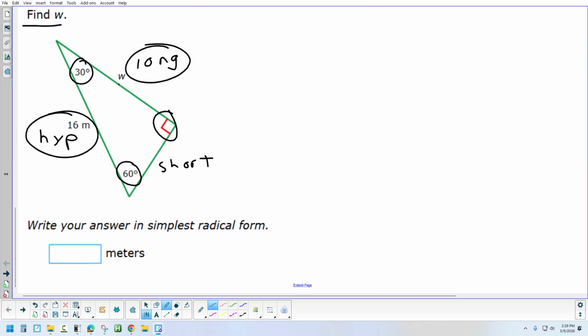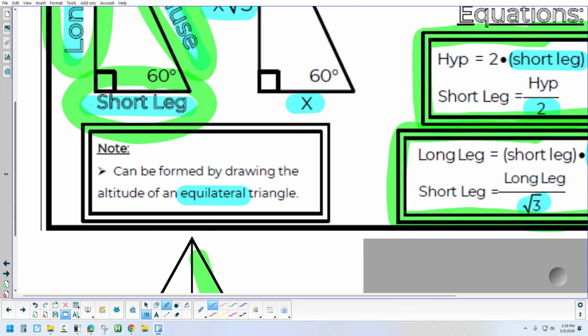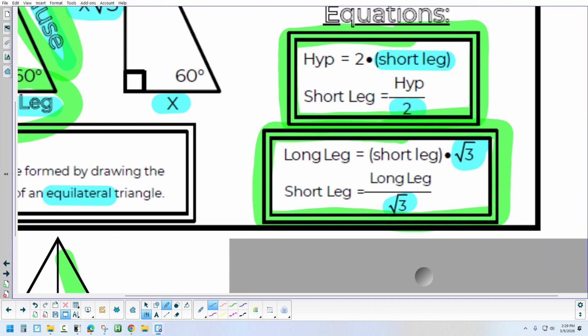So instead of trying to find long, even though they didn't ask for it, we have to find the short. So let's look and see, do we have a formula that has short and hypotenuse in it? Let's go back. What do you think? Do we have a formula with short and hypotenuse? Yes, we do.